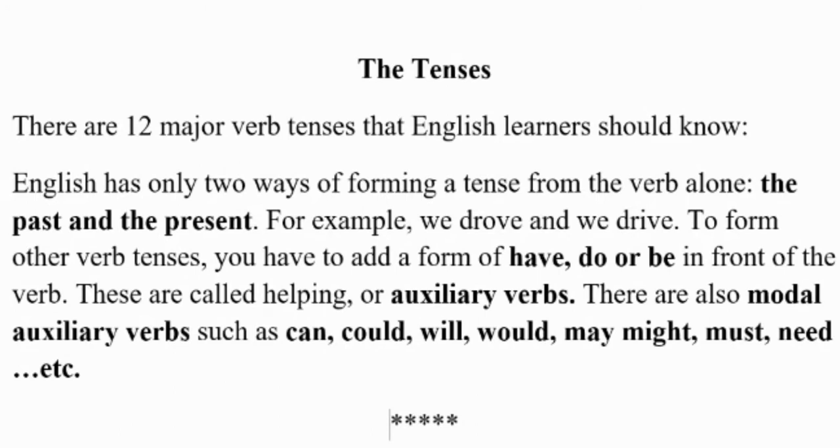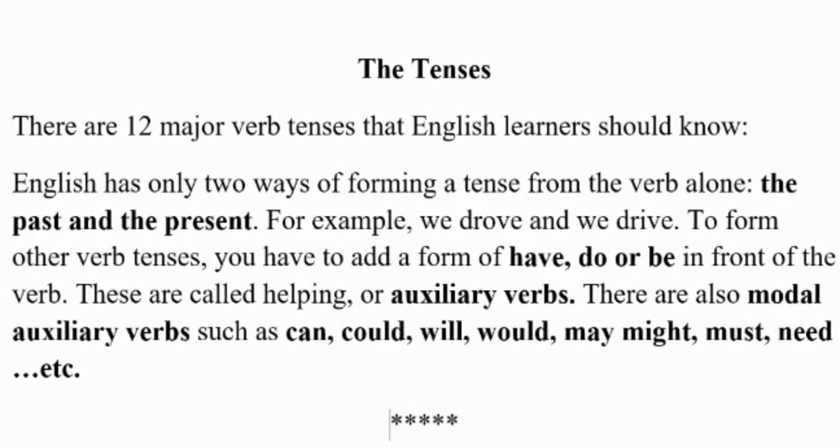The auxiliary, we use the auxiliary with other forms of the verb, like the continuous. We need the verb to be. We have is, are in the present, was, were in the past, or do and does, do when we have plural, does when we have singular, and have, had and has. These are auxiliaries and modal verbs.